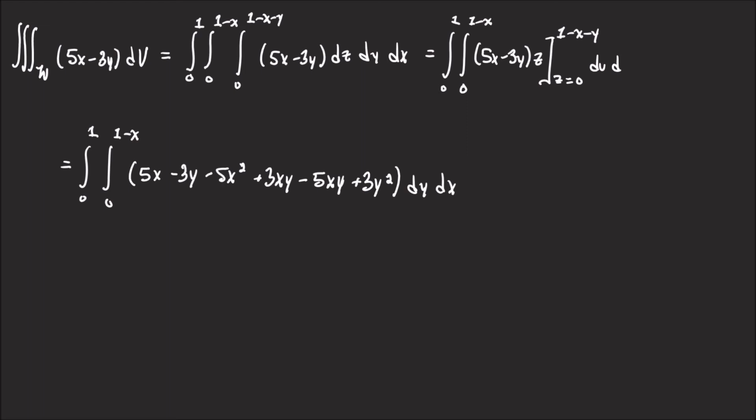Now what we can do is group our x terms together, group our y terms together. So we'll have 0 to 1, 0 to 1 minus x. So we'll have this here, 5x minus 5x squared, then plus minus 2xy plus 3y squared.